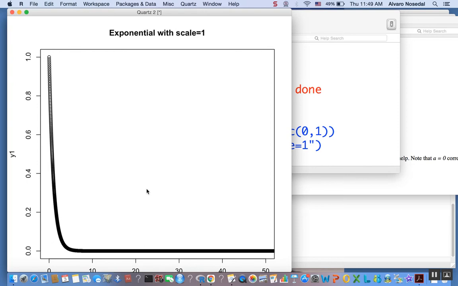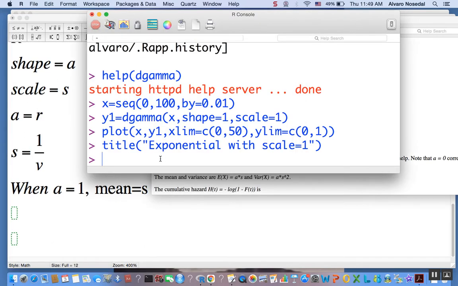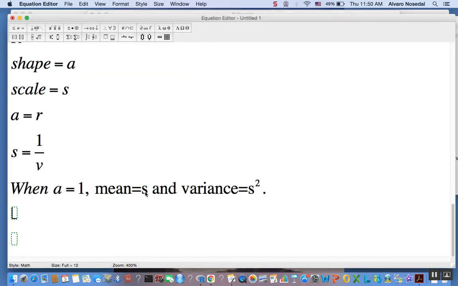Now let's increase the value of s. Instead of using s equal to 1, let's use 10. That would mean we have an exponential with mean 10 and variance 100, so we have more variability than before.